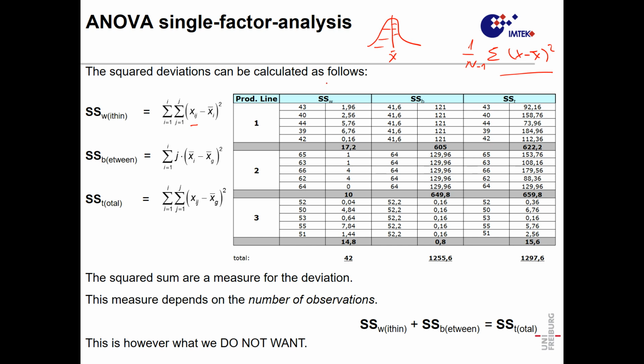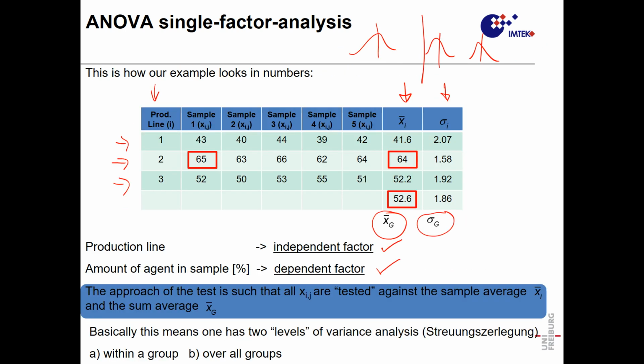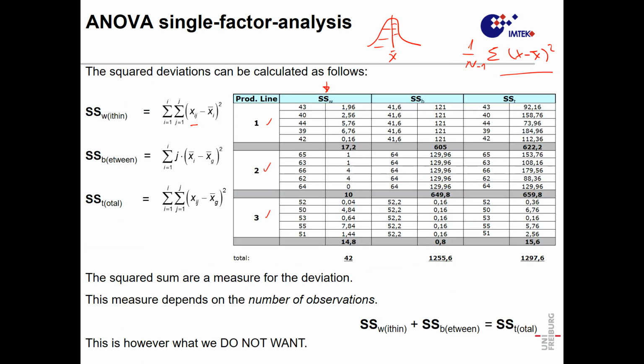So we start with, for example, sum of within. Within we are here. So our points are 43, 40, 41, 60 something, 63, 66 for 2, 52, 50 for 3. Our average was calculated as, for production line 1, for example, 41.6, right?